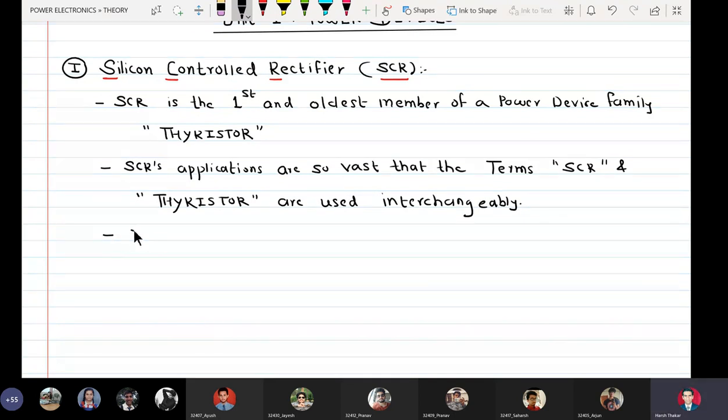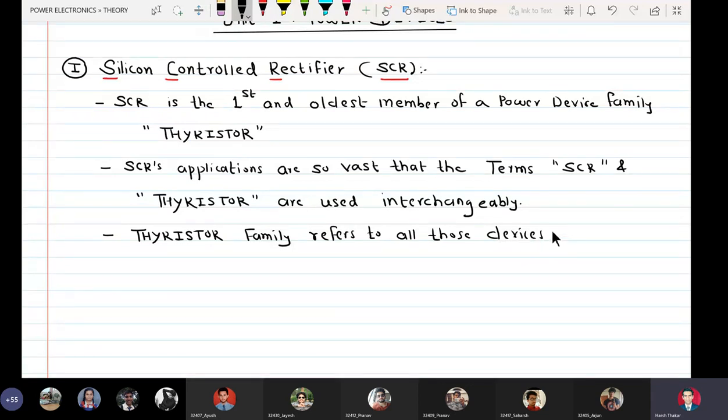So, thyristor family refers to all those devices which exhibit the following properties.